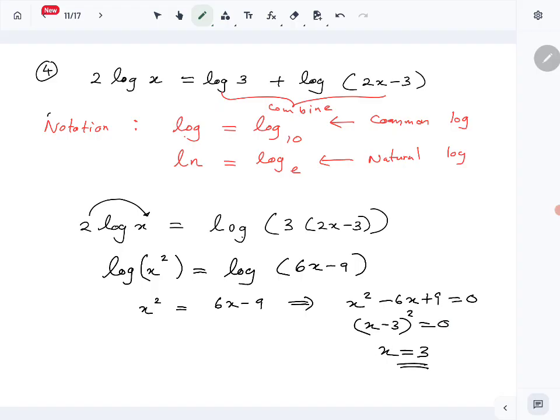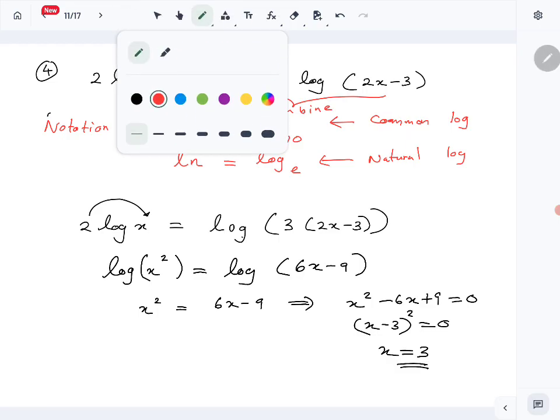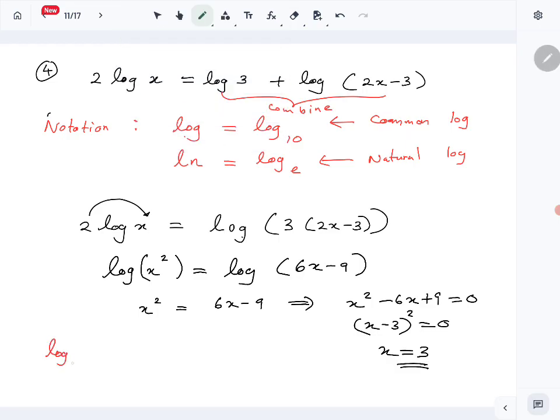So that's the answer. So when there's more than one log term, combine. Okay. Then we can use this fact: log base b x equals log base b y is what? Just x equals y. You can just drop the logs. That's what we did here.